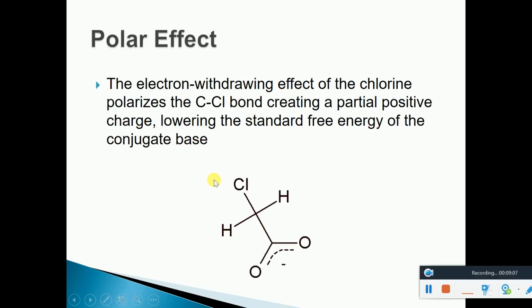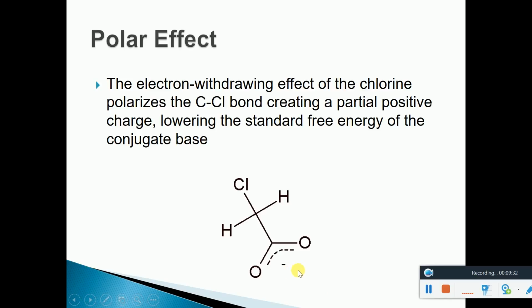So the electron withdrawing effect of the chlorine polarizes that C-Cl bond, creating a partial positive charge, lowering the standard free energy of the conjugate base. If we lower the standard free energy of the conjugate base, it's more stable. The stable base is the important part. A stable base will mean that the conjugate acid was more acidic and a stronger acid.